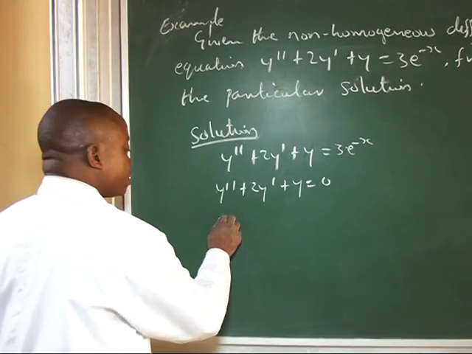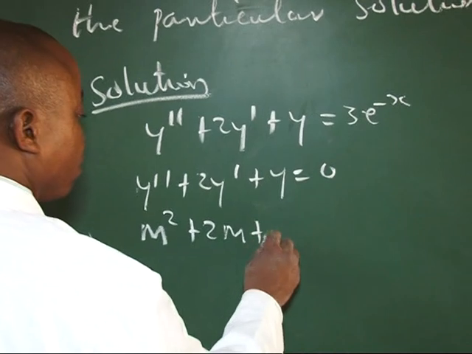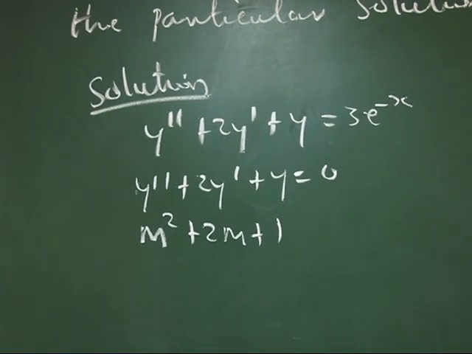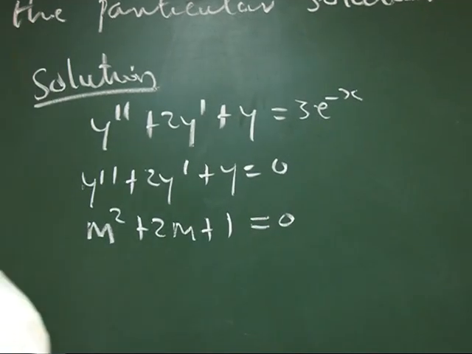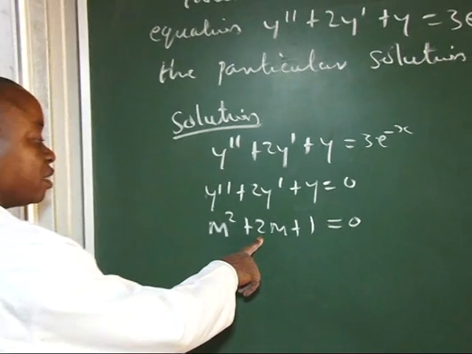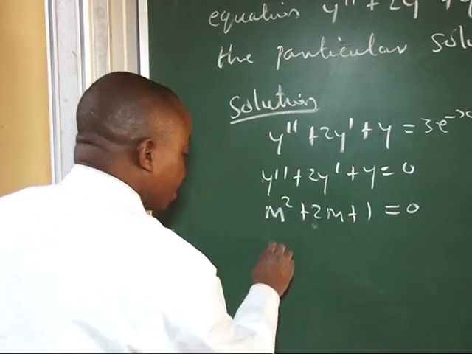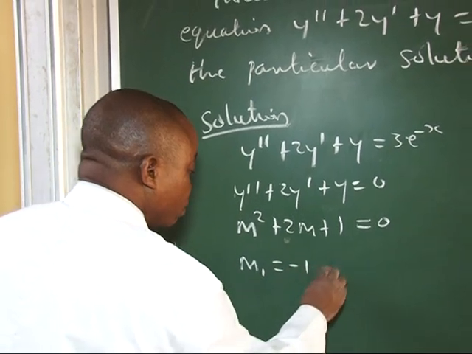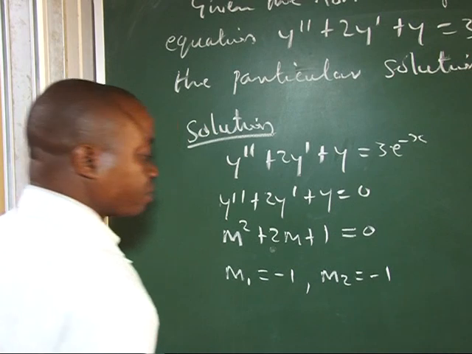Okay, we know that this will give us m squared plus 2m plus 1 is equal to 0. And then we know that two numbers that we can add together is 1 and 1, and then 2 times 1 will be this. Meaning that m1 will be equal to minus 1, m2 will be equal to minus 1.